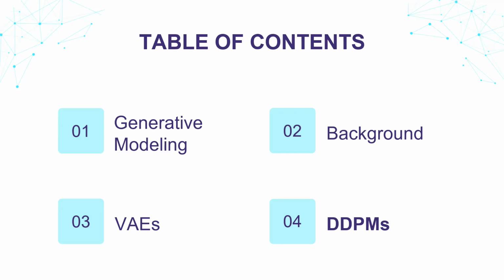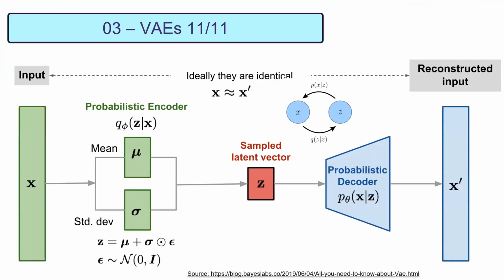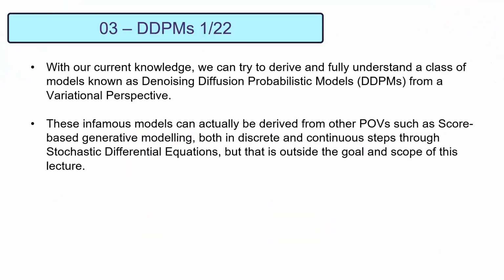So now the Q, this part over here, there is a particular formula to decide this Q at any given time, as we will see. So now that we know variational autoencoders, let's try to derive from scratch the denoising diffusion probabilistic model.